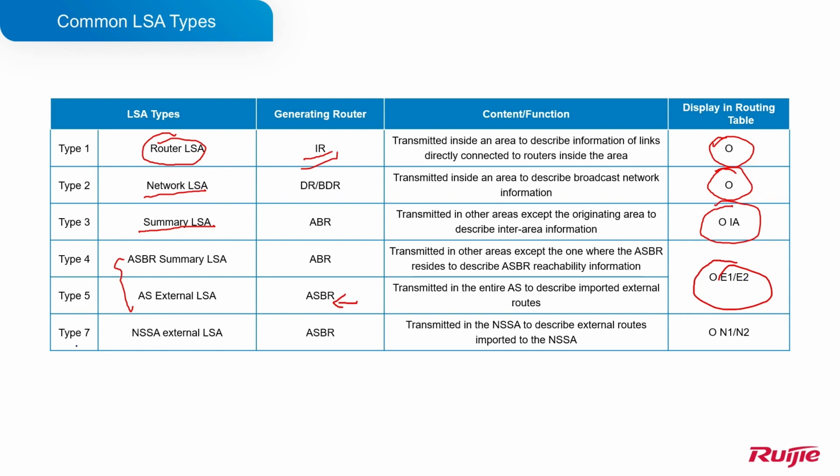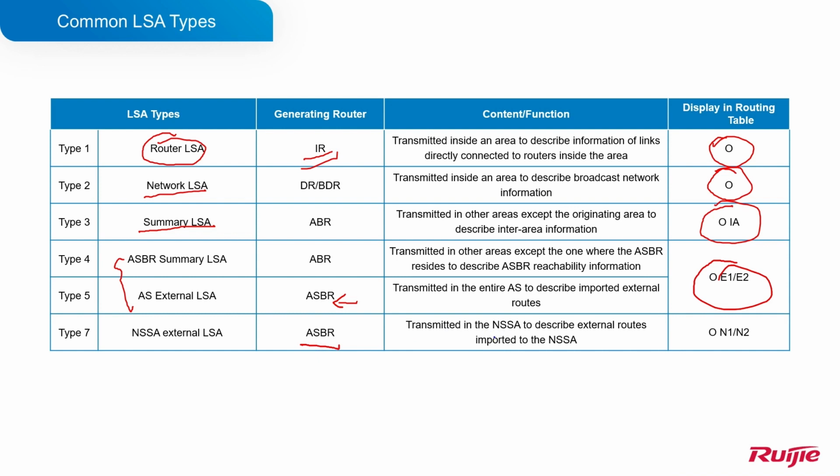Okay, and the last is type 7. Actually, type 7 is for the special area, and we call it an NSSA area. If we enable the NSSA area, we will generate the type 7 NSSA external information. The type 7 LSA information is generated by the ASBR device, and it can be transmitted in the NSSA area.